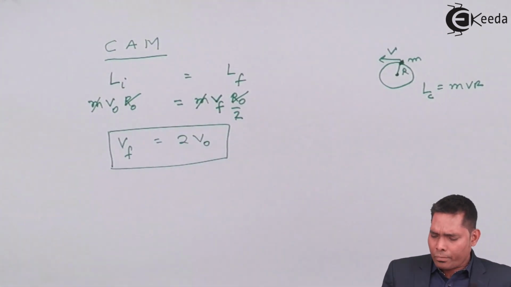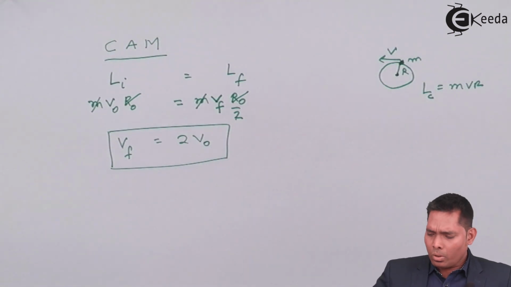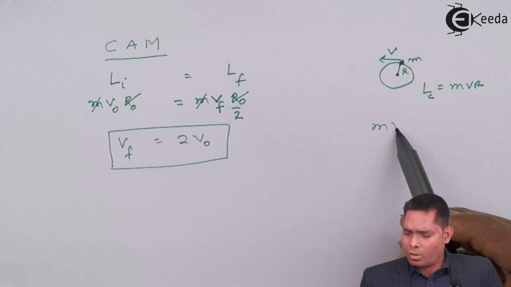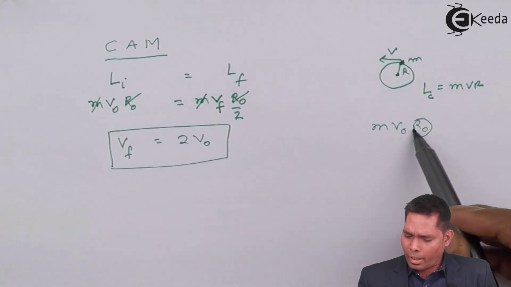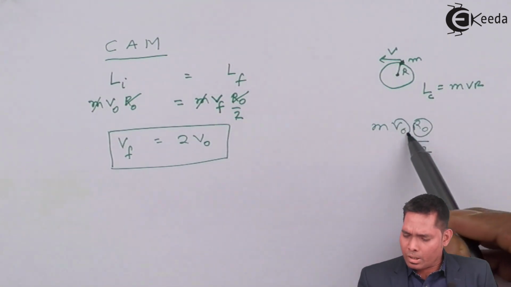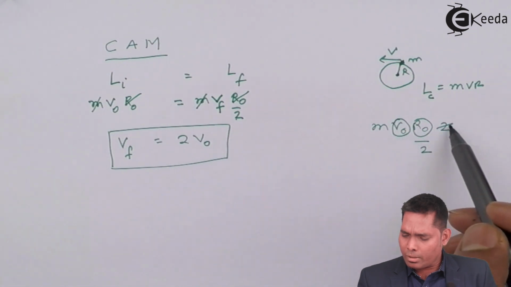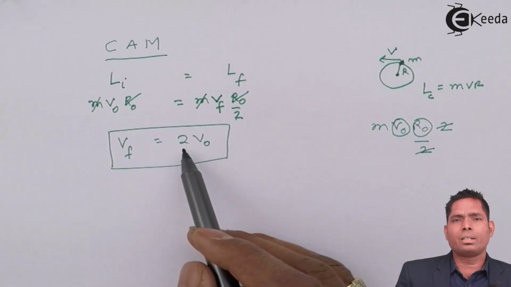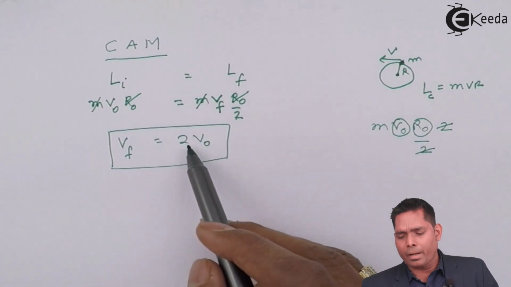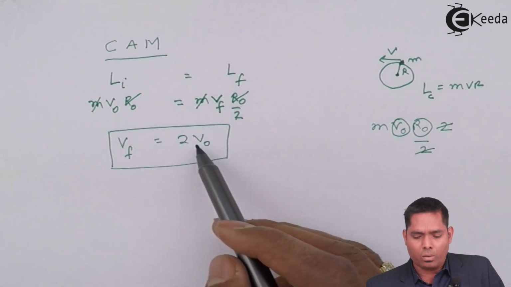Because m v naught r naught has to be constant, if this reduces by 2 times, this has to be increased by 2 times, so that they cancel and it remains the same. Therefore the speed has to be increased by 2 times, that is 2v naught.